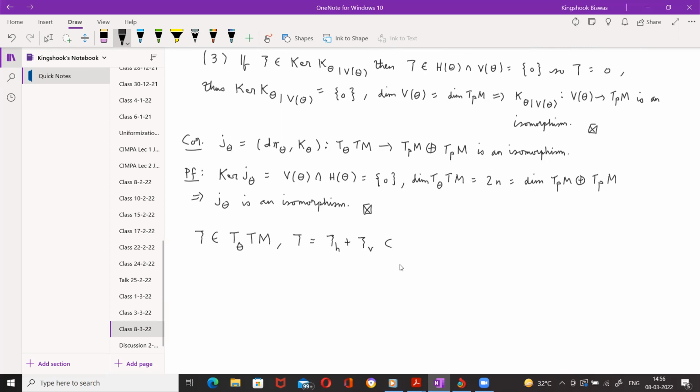So this is in h theta direct sum v theta. Here xi h belongs to h theta, it's the horizontal part. And xi v is the vertical part.